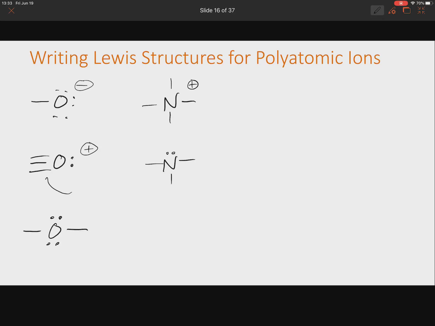This doesn't mean a triple bond. This just means 3 bonds, to show you the difference. This is the exact same thing. This is an oxygen with 3 bonds and 1 lone pair. Okay. And carbon, we find it always with 4 bonds, never with any charges on it.